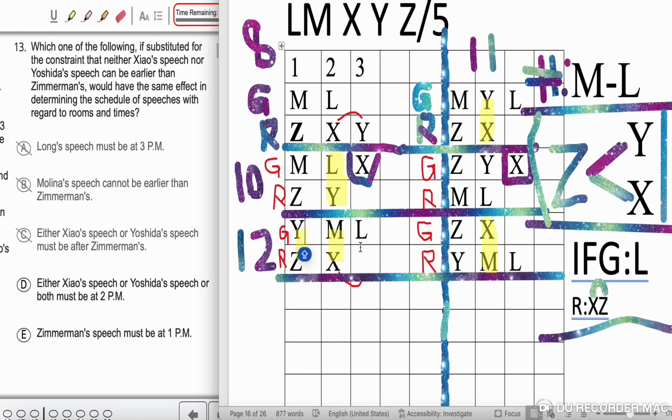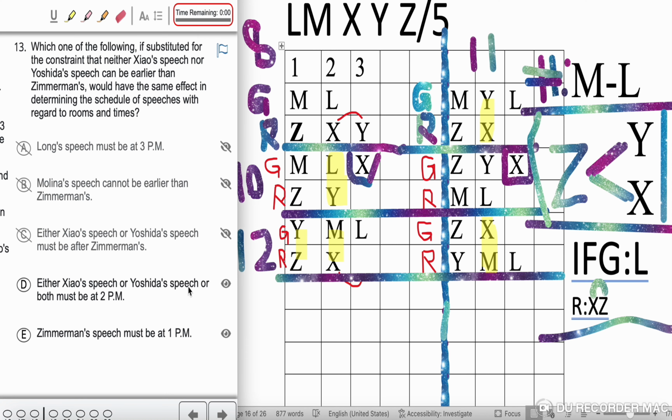If you look at the two words of 12, you see Y and Z at the same time. So go ahead and eliminate that. It says either X or Y must be at 2 p.m. It doesn't say and, it just says or. And let's see, Z at 1 p.m. You see Z at 1 p.m. is more accurate. It's between these two choices.